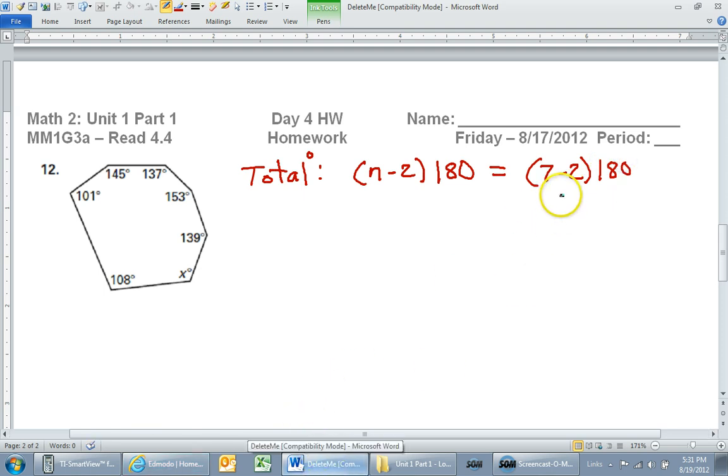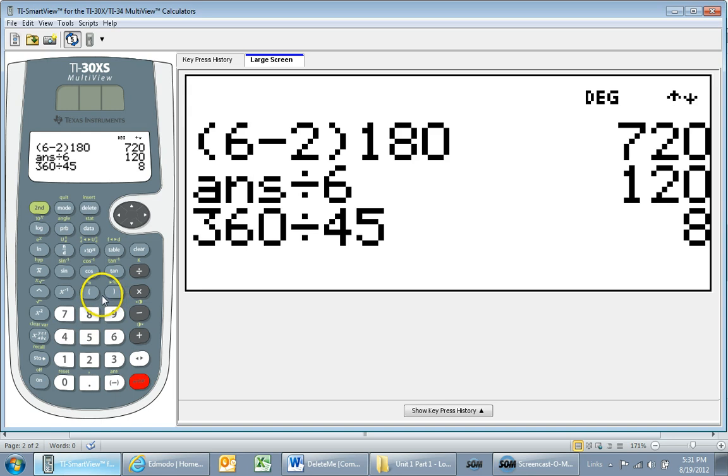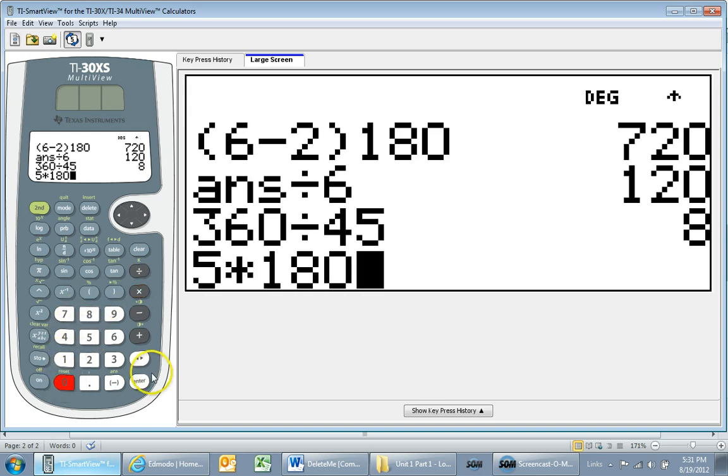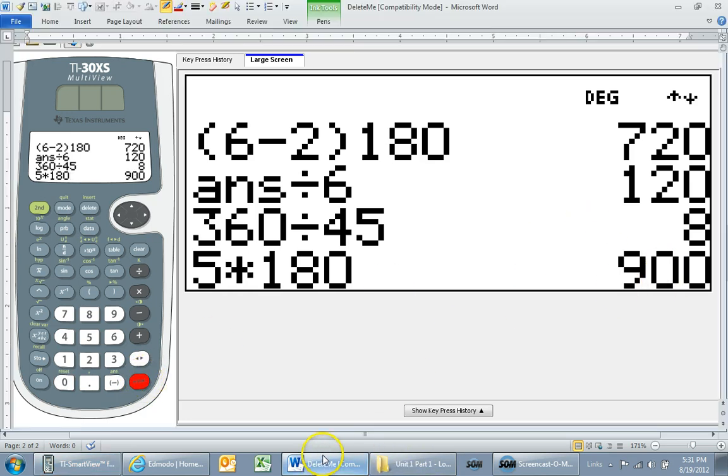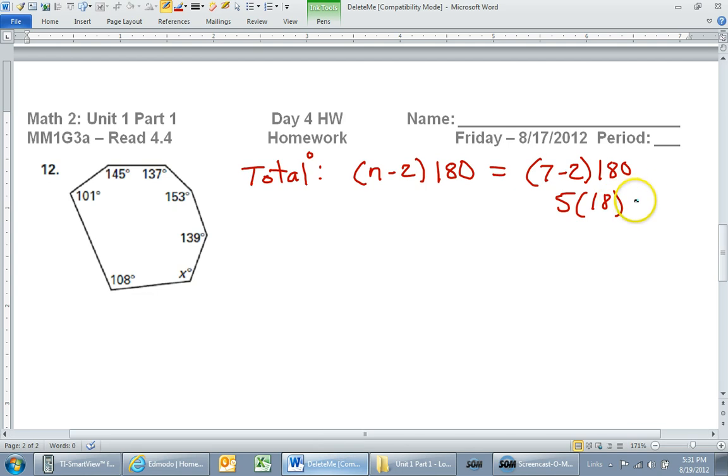In other words, 5 times 180, which is 900 degrees. So this shape has a total of 900 degrees of the interior angles.